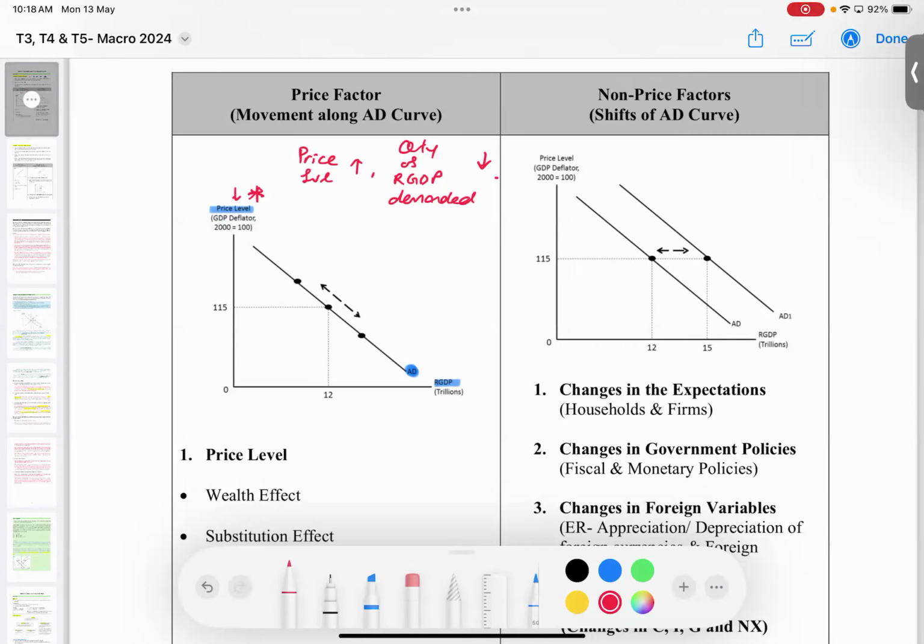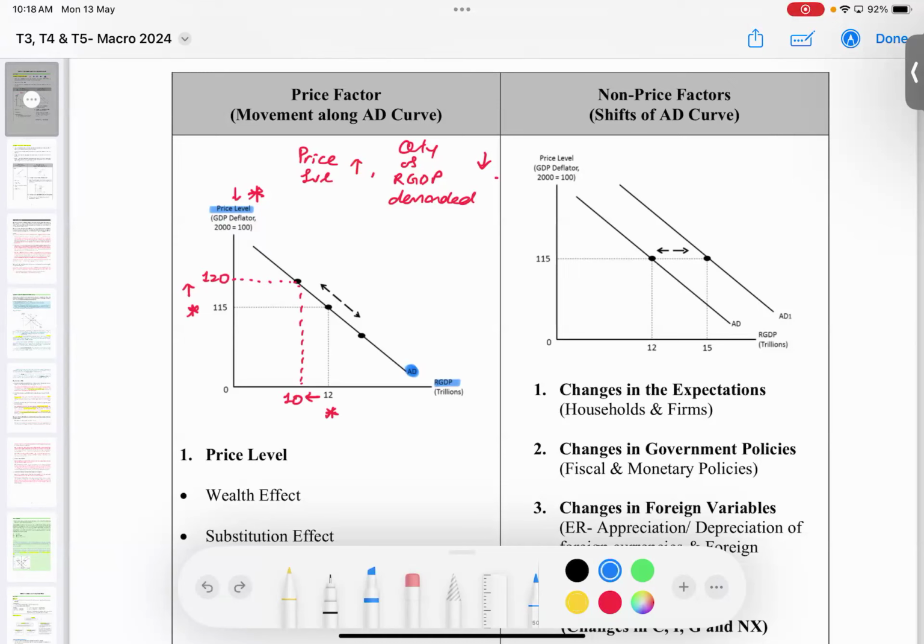At first it's at the price level of 115 and at the quantity of 12. But when the price level goes up to, let's say, 120, you can see there's a fall in the quantity of real GDP demanded. Vice versa. So this is the relationship over here.